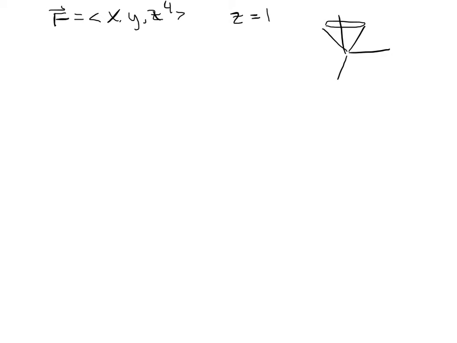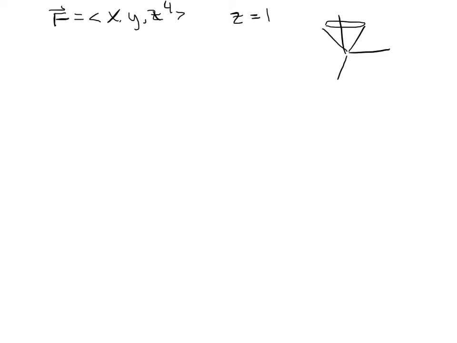All right, we had the vector field, I have to look it back up, x, y, and z to the 4th. And we were looking at that surface, z equals 1, and our big picture was this cone and that plane z equals 1.